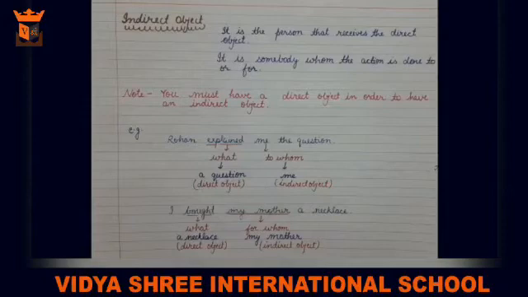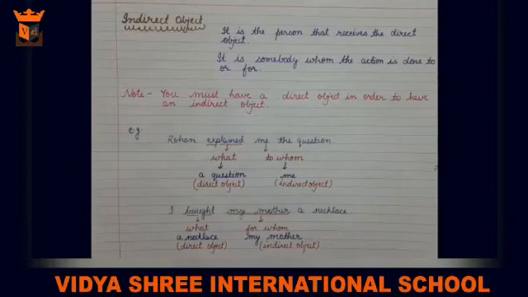Rohan explained me the question. What has been explained here? A question. So, a question is a direct object. And to whom it has been explained? To me. So, this me is indirect object here.